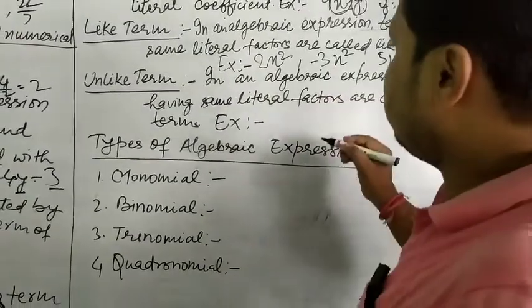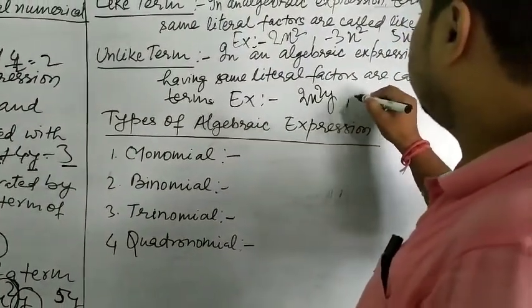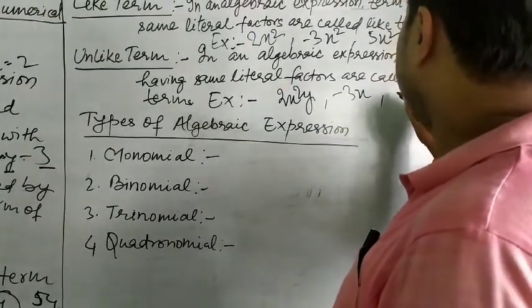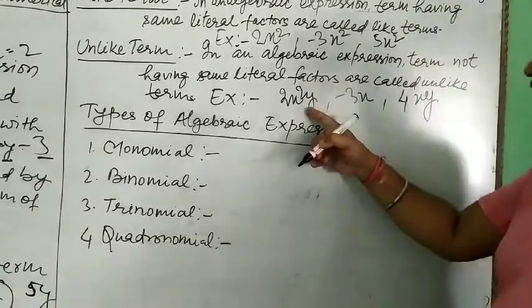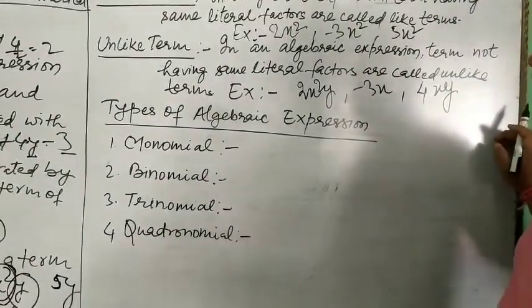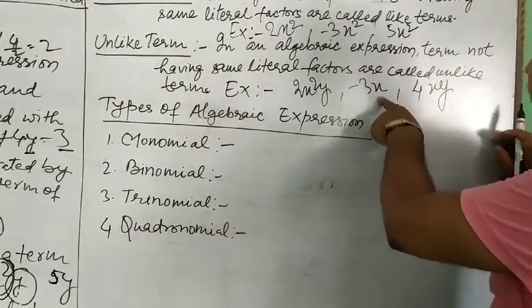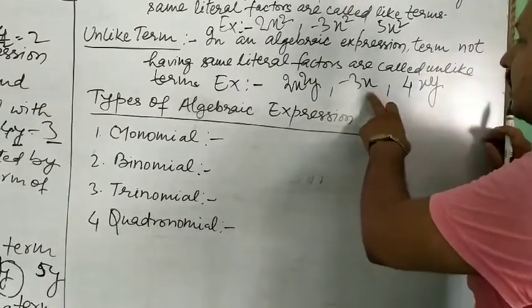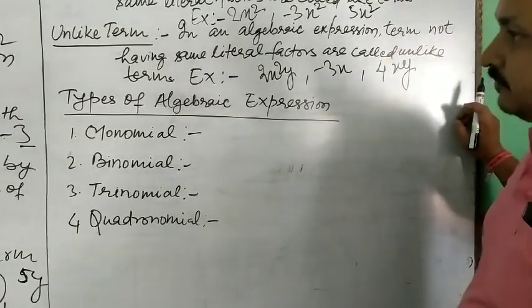And unlike terms, if we write here 2x square y, minus 3x, 4xy, they have no equal literal value. X square y, that is the power of x only, and xy. All three are different, so they are unlike terms.